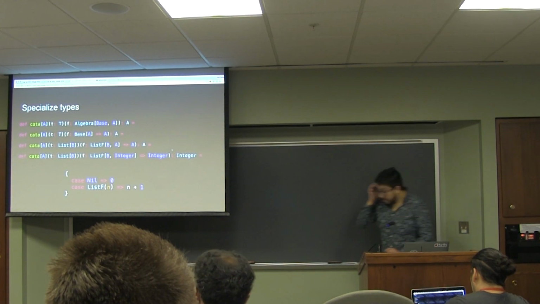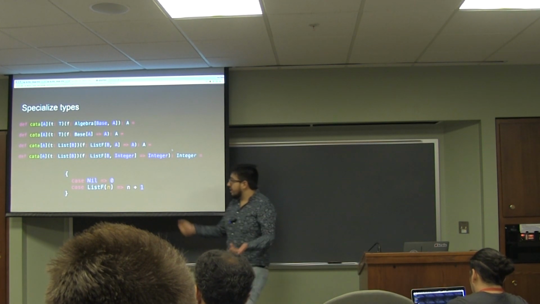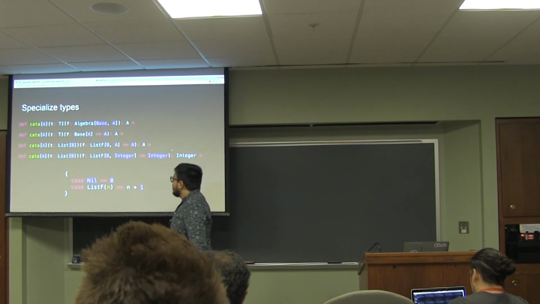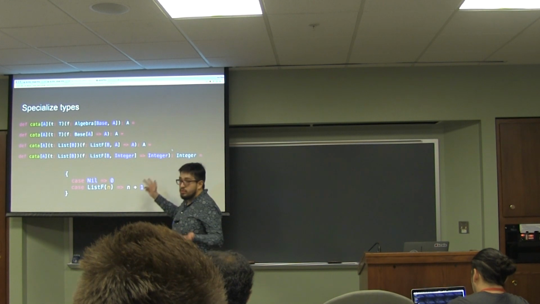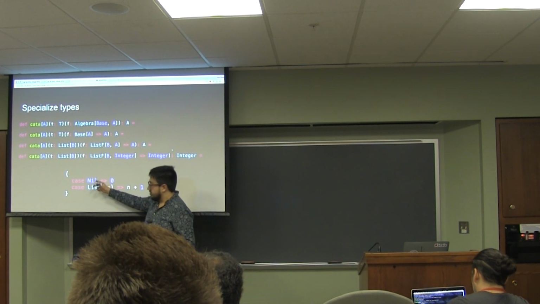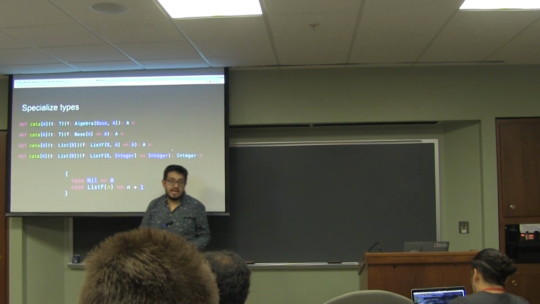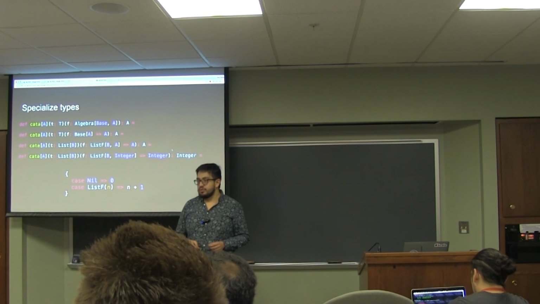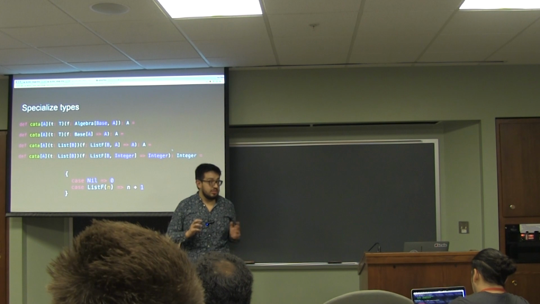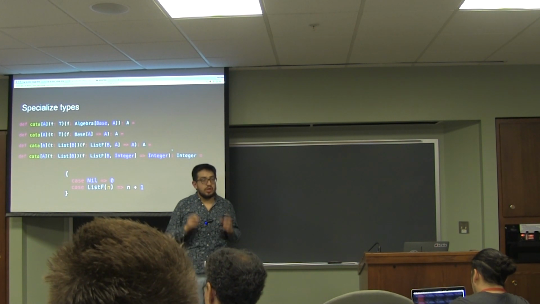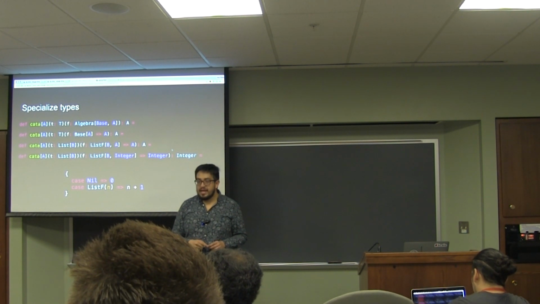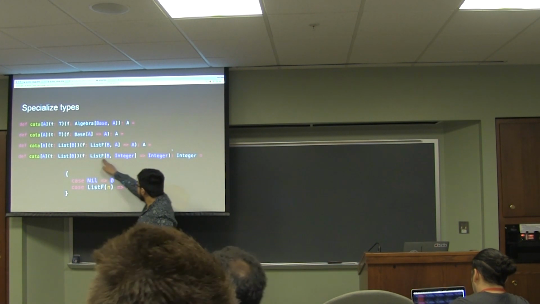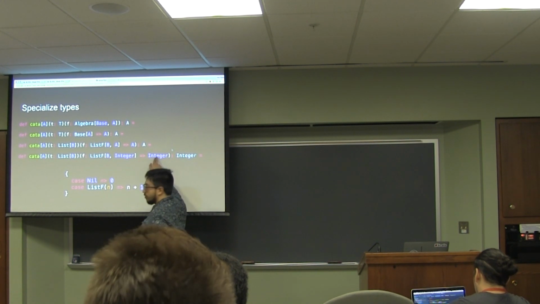Okay, so let's go back to this. We need to handle both cases. This should be nil F, I just realized it. So we start with the non-recursive positions, and that's why I told you it's very important to notice that the nil constructor doesn't have recursive positions in it, because we are going to go from a list F of integers to integers.